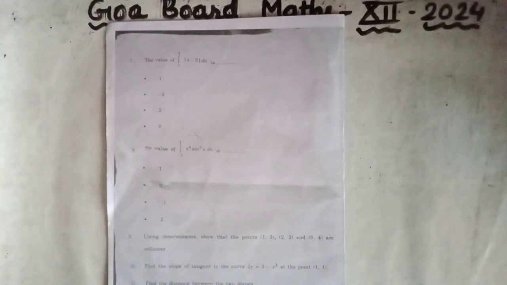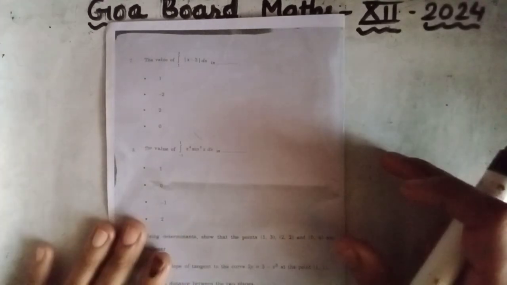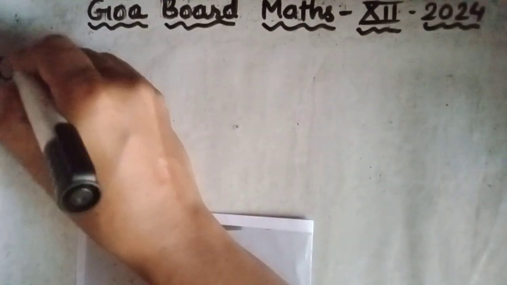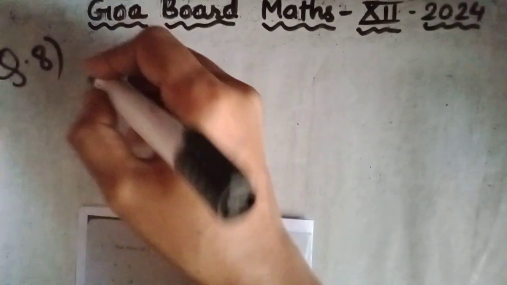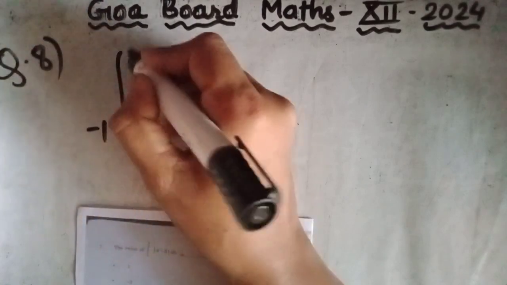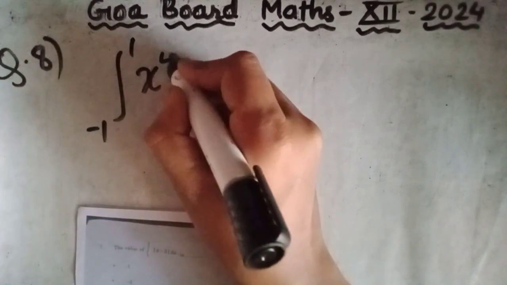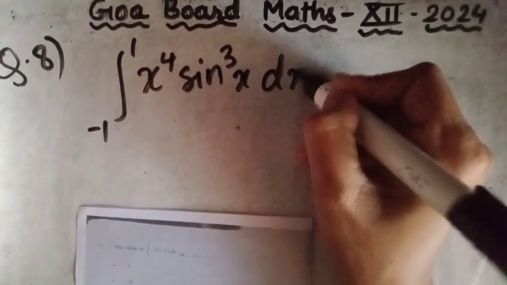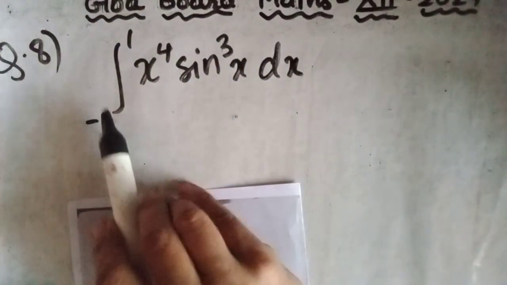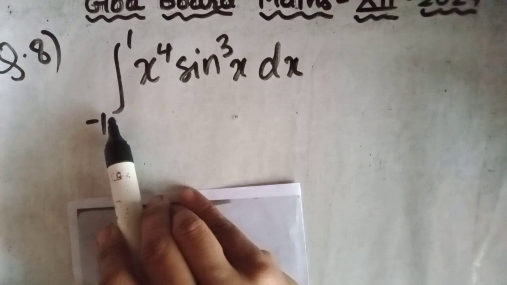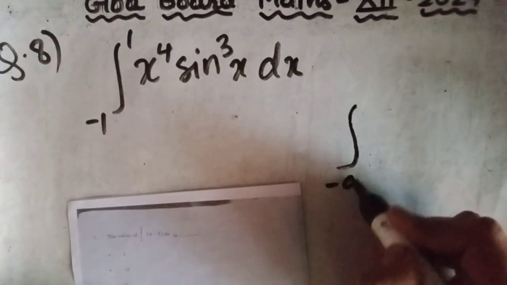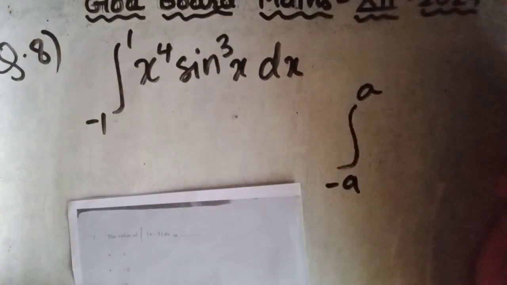Let's solve question 8. The value of the integral from minus 1 to 1 of x raised to 4 sine cube x dx. So you have to find the integral from minus 1 to 1 of x raised to 4 sine cube x dx. Now looking at this, you should be able to use the property of integrals, that is minus a to plus a, right?